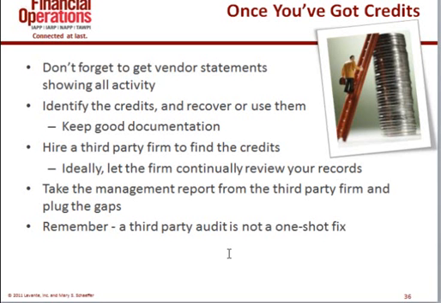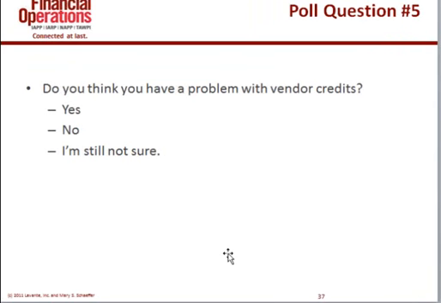And remember, if you have some less than ideal practices, i.e., you're paying after the early payment date and you're taking the discount, if you're accruing late fees but just ignoring them, if you have disputed items that you let sit forever and ever, all these practices tend to lead to situations where you'll generate more credits.